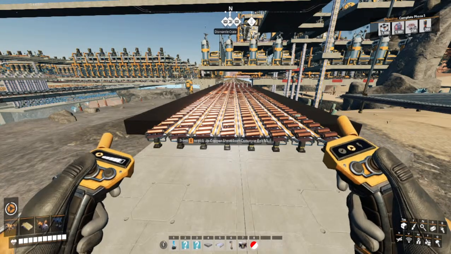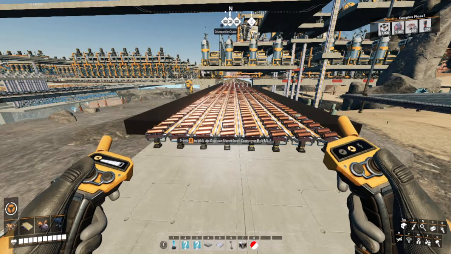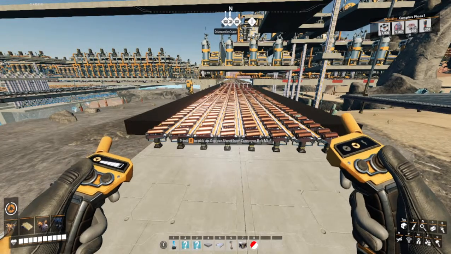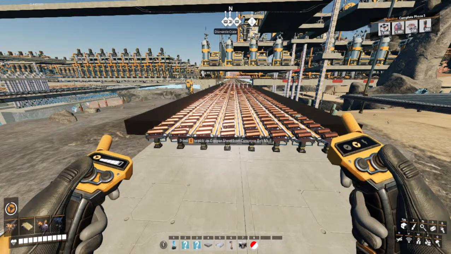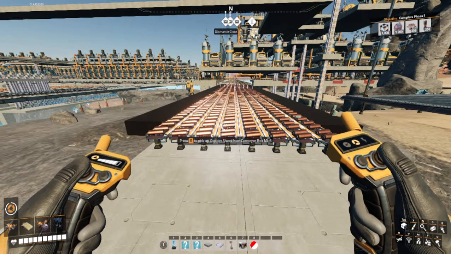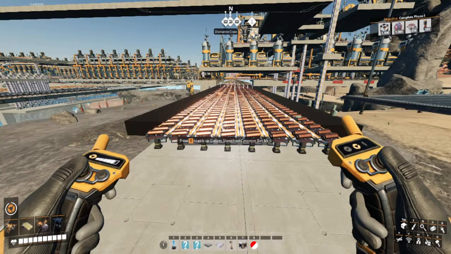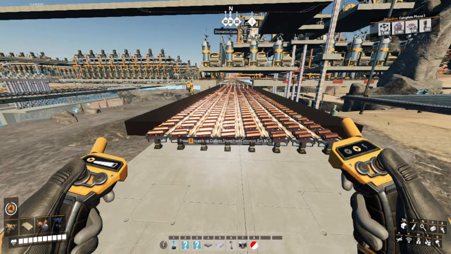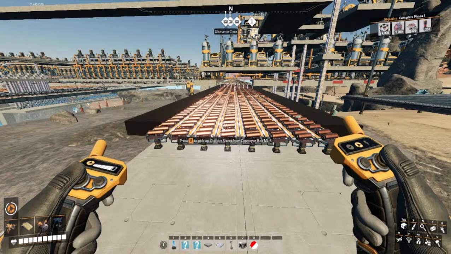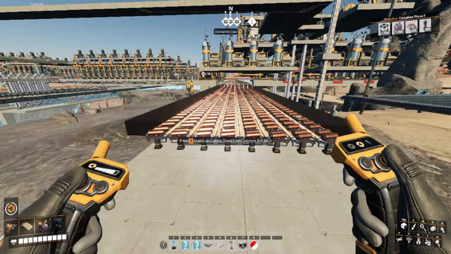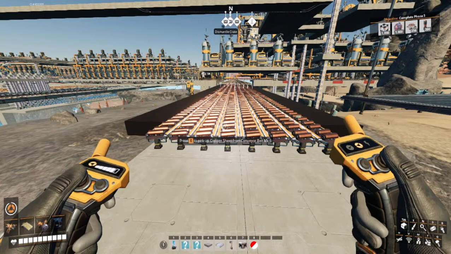I need 160. 160 is the goal. 160 divided by 5 is 32.